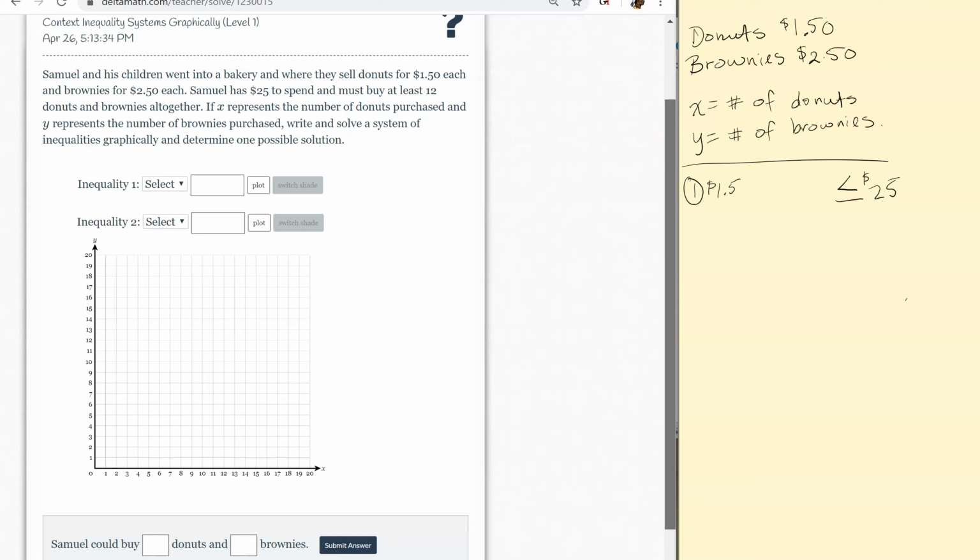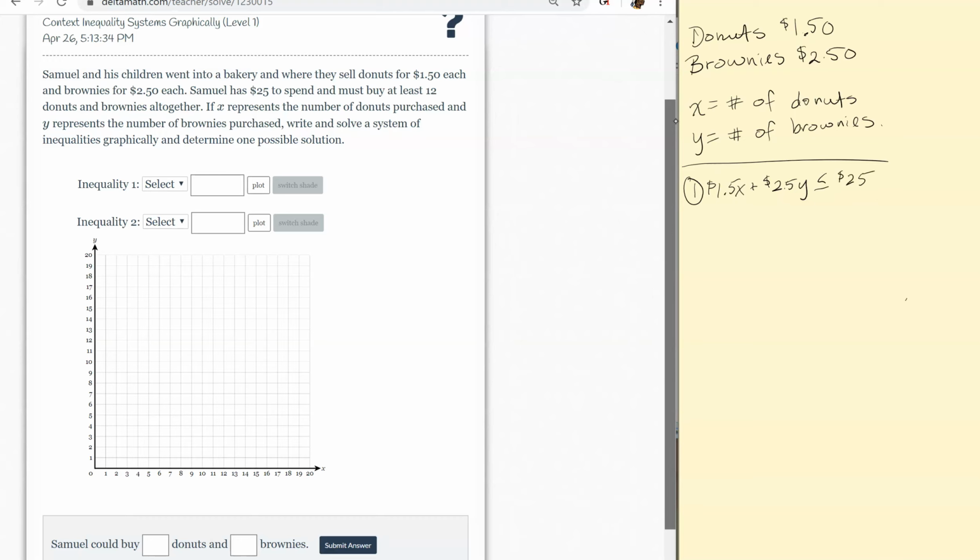X represents the number of donuts, so it's $1.50 times x, plus $2.50 times y for each brownie, is less than or equal to 25. Let's make that a little nicer looking so that they're all in line.